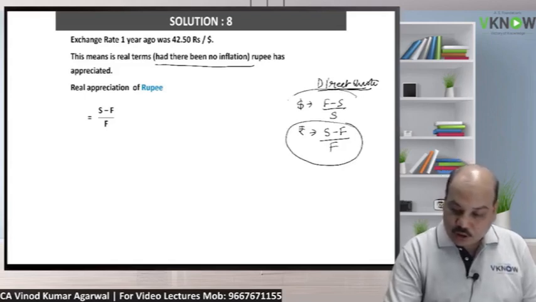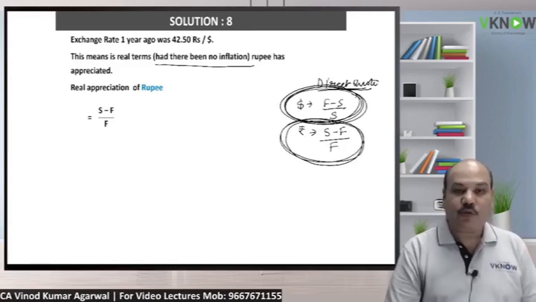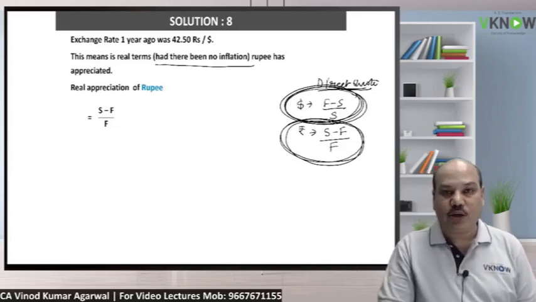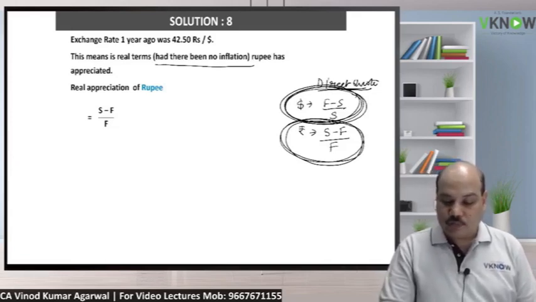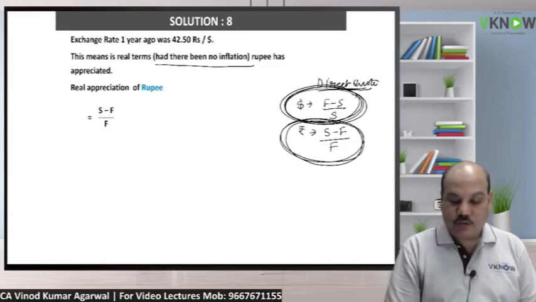Okay, for dollar, if they would have asked, this is the formula. But for rupee, if they ask, the formula we have discussed in the basics of Forex and we have proved it also. Okay, so we'll use this formula, real appreciation of rupee S minus F by F.